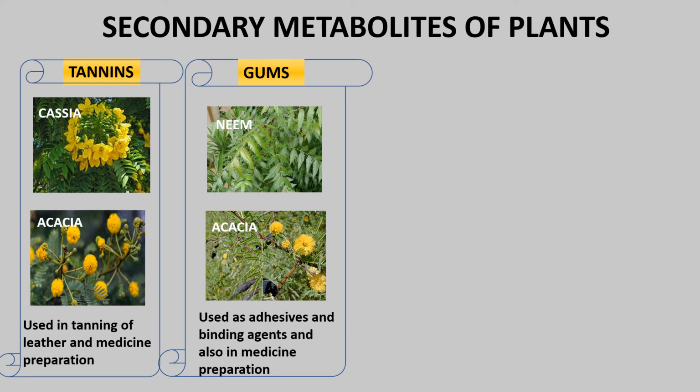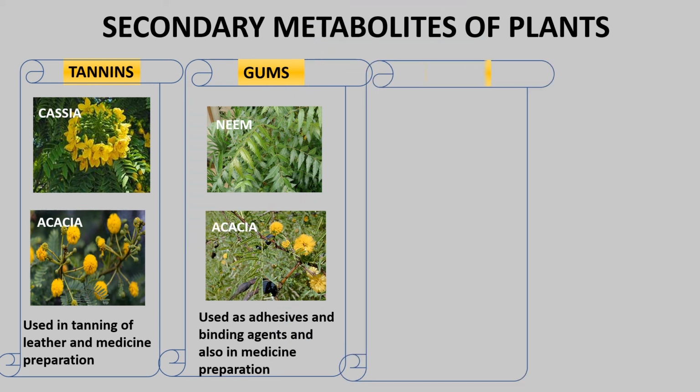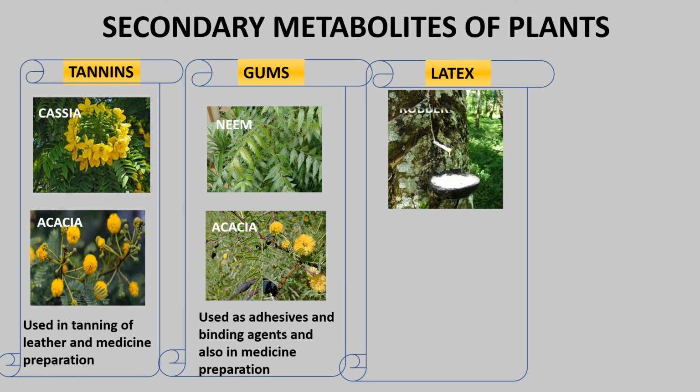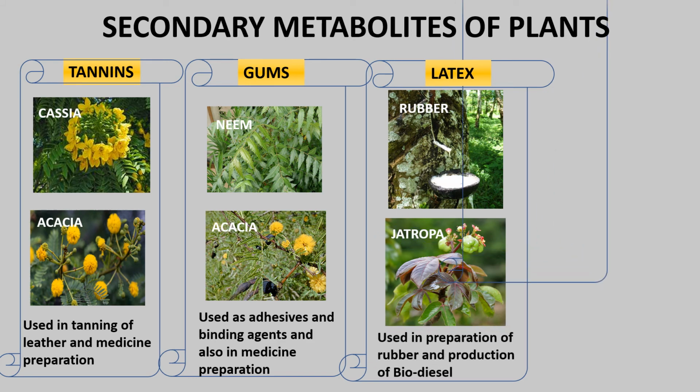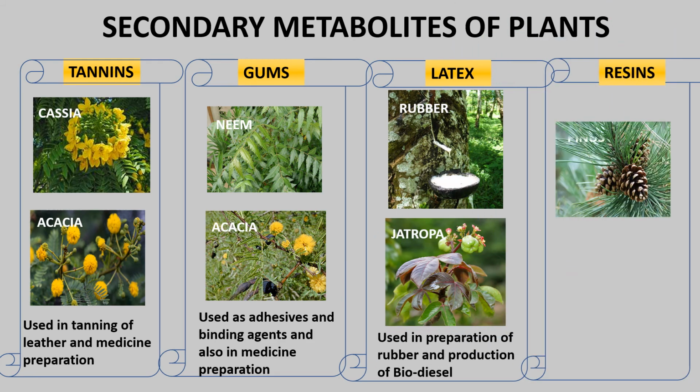They are used as adhesive and binding agents and also in medicine preparation. Latex. We get rubber from the rubber plant, biodiesel from jatropha. Resins. We get resins from the pinus plant, used in preparation of varnishes.